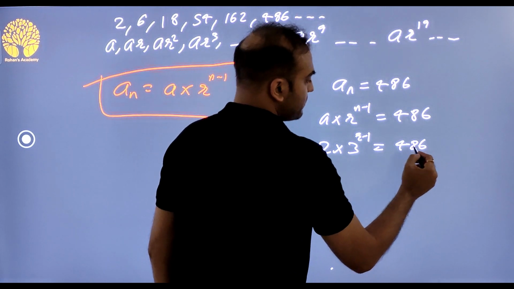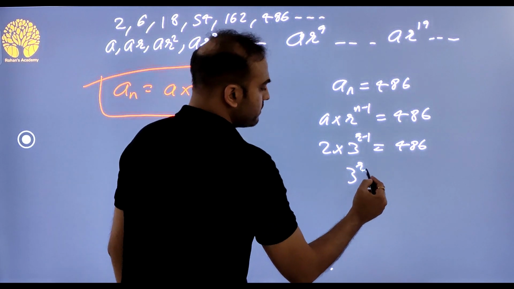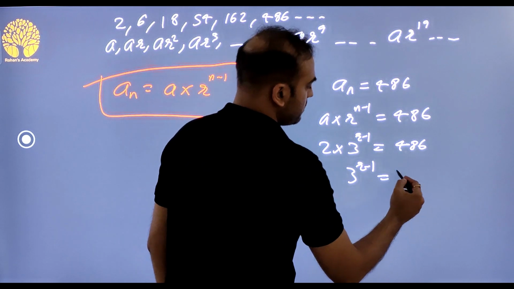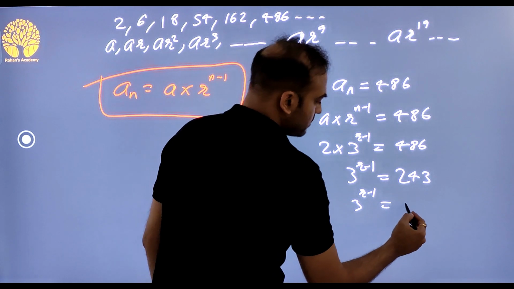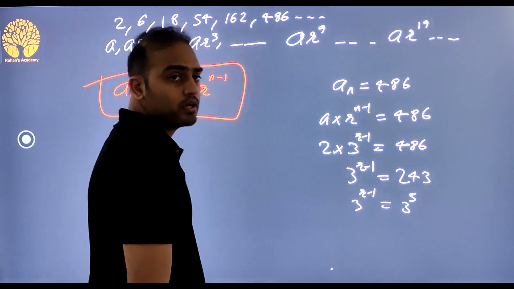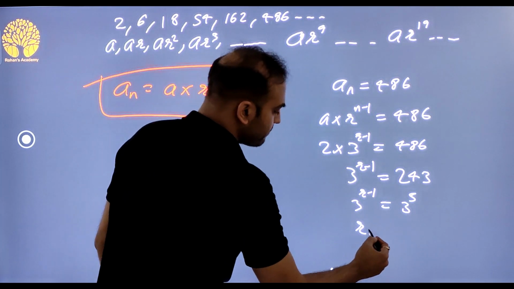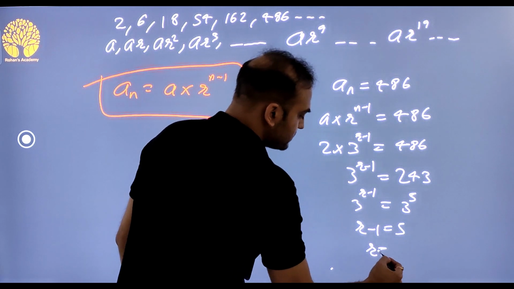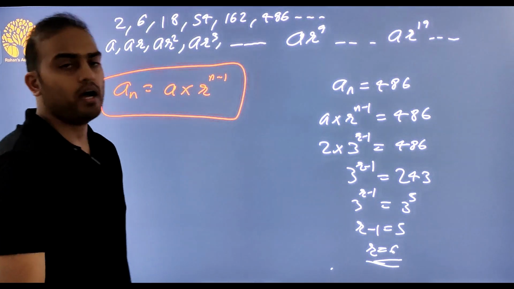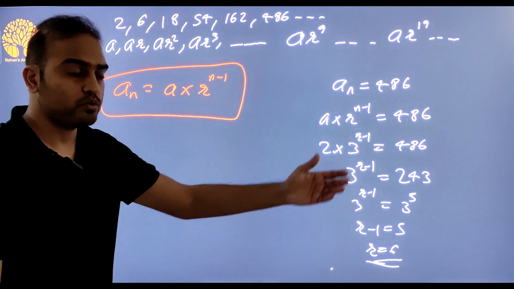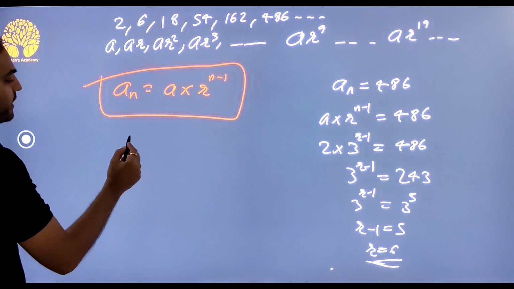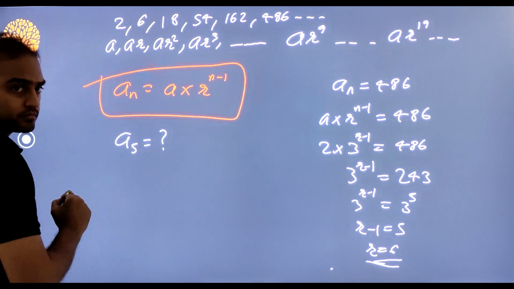So 2 times 3 power n minus 1 is 486. 3 power n minus 1 is 243, which is 3 power 5. Since bases are the same, we equate the powers. n is 6.